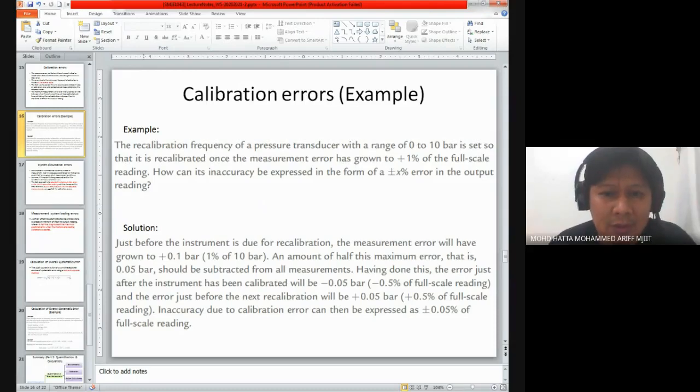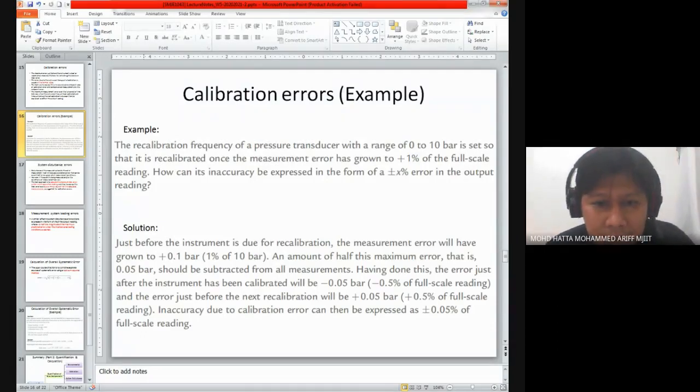Now an amount of half this maximum error, okay, this is considered your maximum error, that is 0.05 bar, should be subtracted from all measurements. In other words, to quantify this, we need to take half the value of this full scale measurement error.